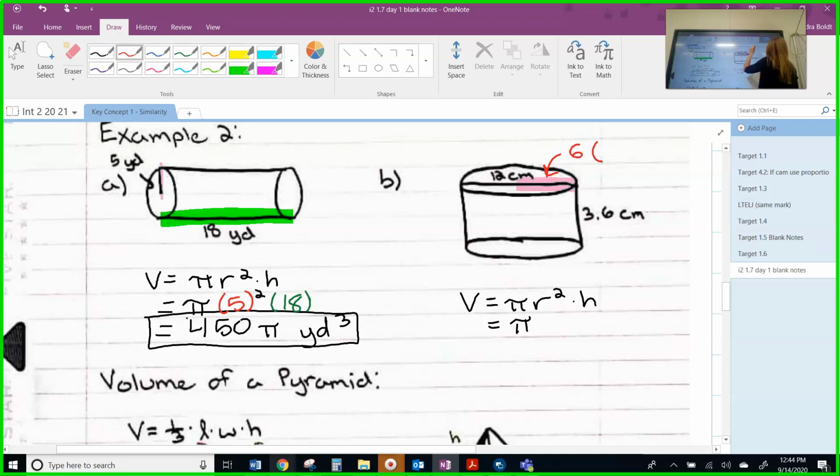6. Because 12 times 1/2 equals 6, right? So our radius here is 6. And then our height is this 3.6.